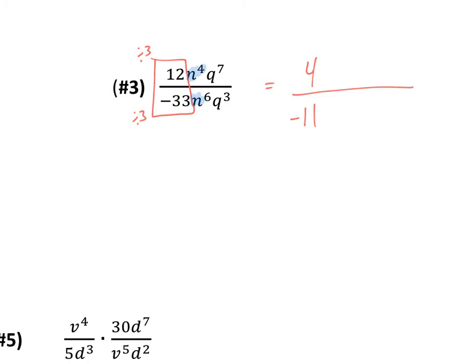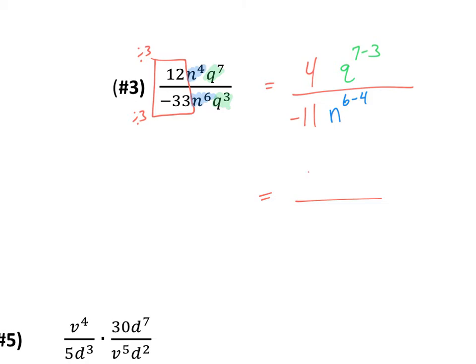n's. We have n to the 4th and n to the 6th. Where are there more n's? There are more n's on the bottom. And how much bigger is 6 than 4? Well, I'll show the work here. It'll be n to the 6 minus 4 power. Then look at the q's. There are more q's on top, so it'll be q to the 7 minus 3.